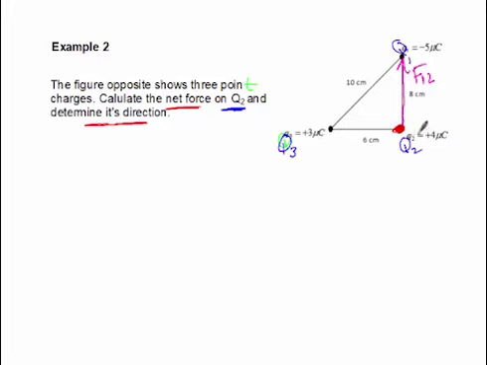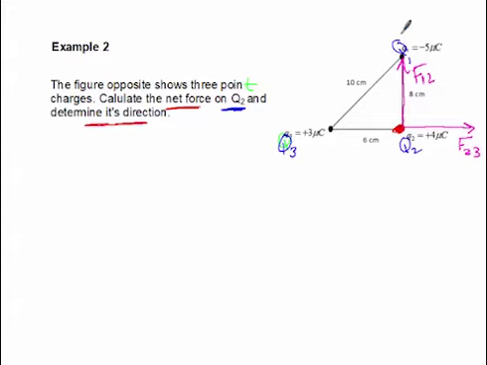So how is Q2 affected by Q3? Q3 is going to repel it in this direction, with a force between Q2 and Q3. So there is a repulsion force. Be careful, we are only looking at the forces at this point. So it is repelled by Q3 in this direction, and attracted by Q1.